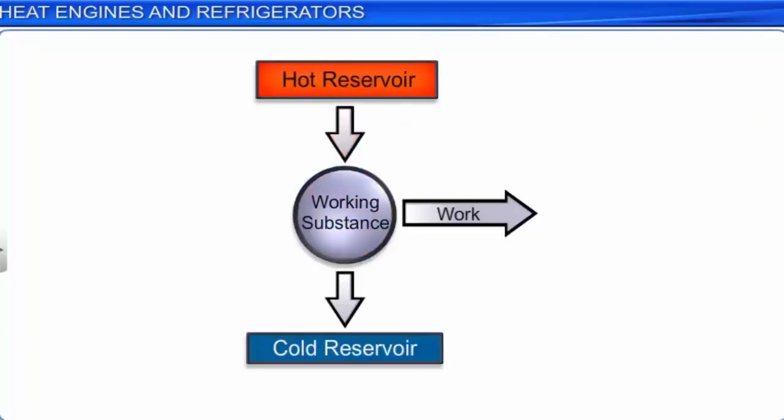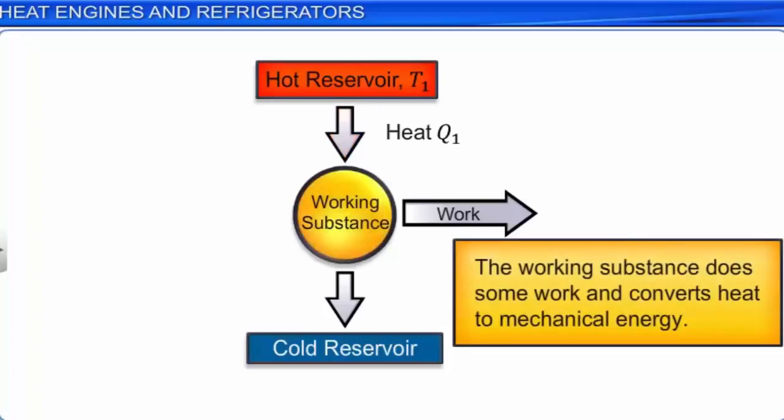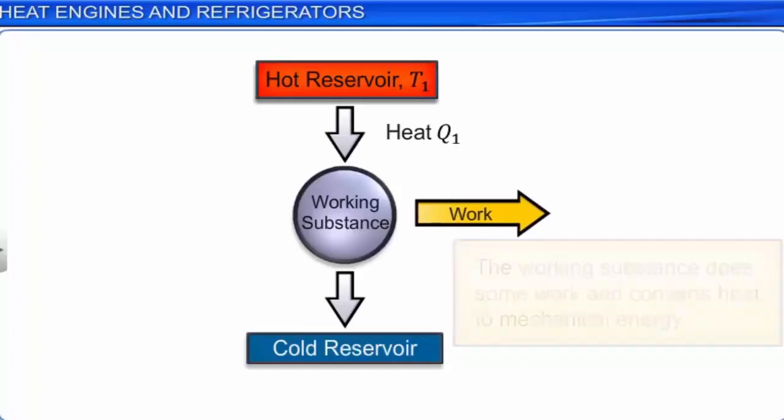Let the temperature of the hot reservoir be T1 and the heat absorbed by the system be Q1. After absorbing heat from the hot reservoir, the working substance does some work on the surroundings and converts part of the heat absorbed into mechanical energy. Let the work done by the system be W.